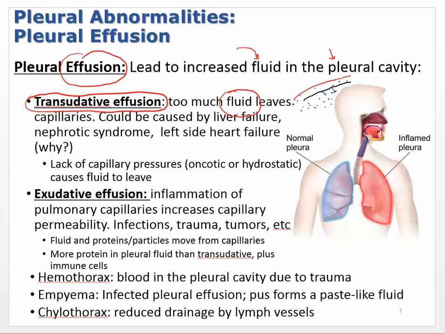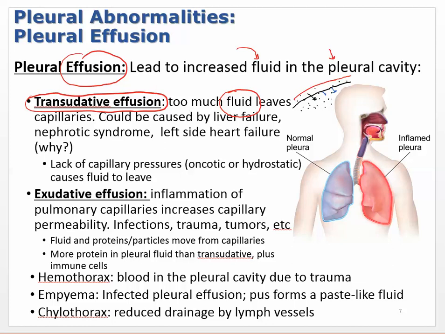It's kind of the same thing with nephrotic syndrome. We'll learn about nephrotic syndrome, which is where you urinate out a lot of protein. So a lot of proteins are leaving, and that's what's causing it in that case. Left side heart failure makes sense because you have a backup, so you have congestion, which is going to increase the hydrostatic pressure.